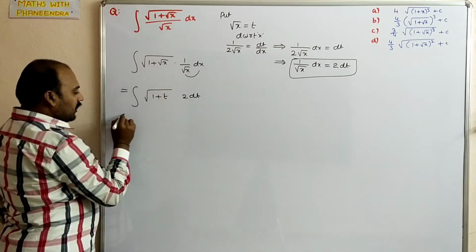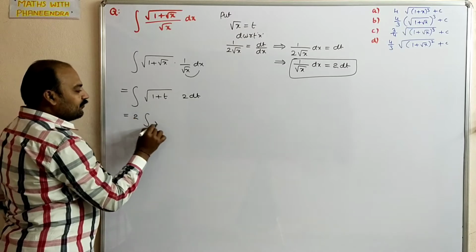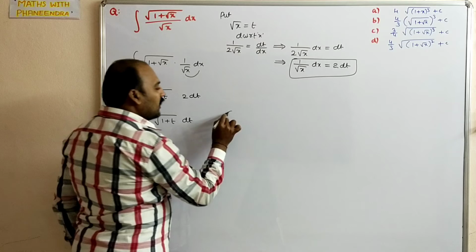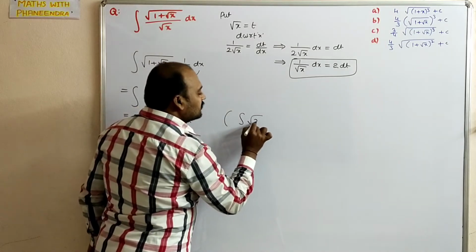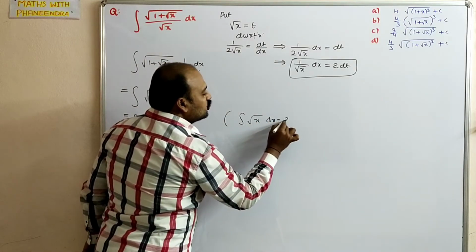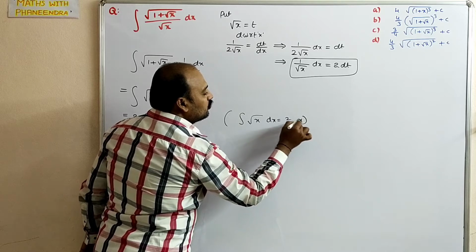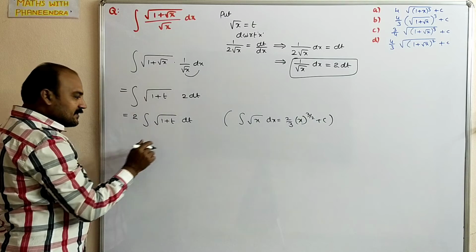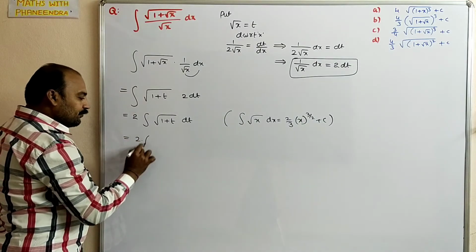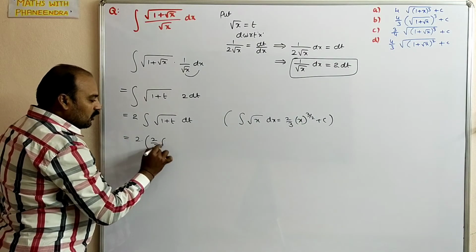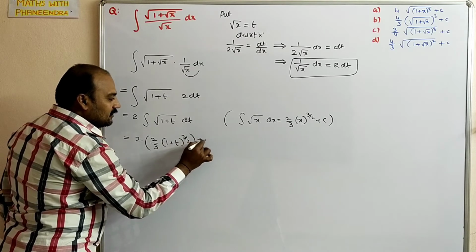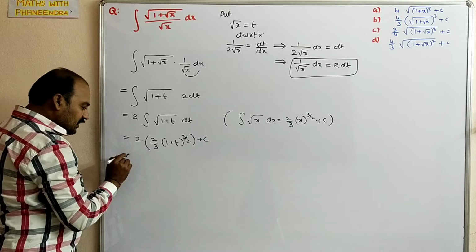The constant 2 we can take outside: 2 into integral root of 1 plus t into dt. Again it is looking like integral root x into dx. Integral root x is 2 by 3 into x power 3 by 2 plus c. So in place of x, 1 plus t is there. So 2 into 2 by 3, 1 plus t whole power 3 by 2 plus c. So 2 into 2 by 3 is 4 by 3.